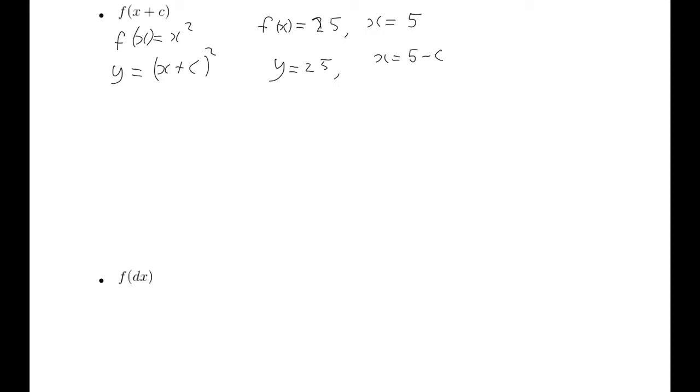Same is true for all other values that we put in here. X happens c earlier. In fact, if I give you a purely numerical one, y equals x plus 3 all squared, I'm going to call that g, then for g to equal 25, x would only have to equal 2.